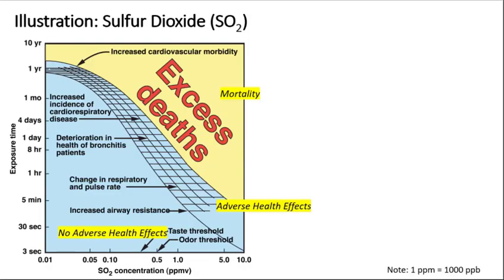In terms of levels of concern for health effects, recall the slides shown in Lecture 4 for the health effects of SO2, depending on exposure duration and concentration. We can now superimpose the ambient air standards for SO2 on this plot to get an idea for the rationale behind them.